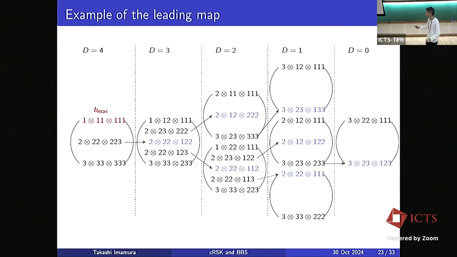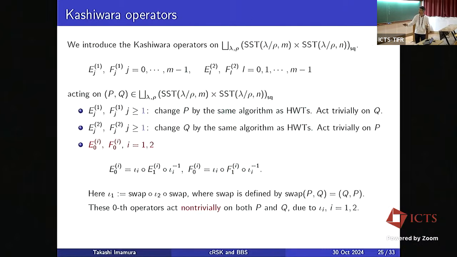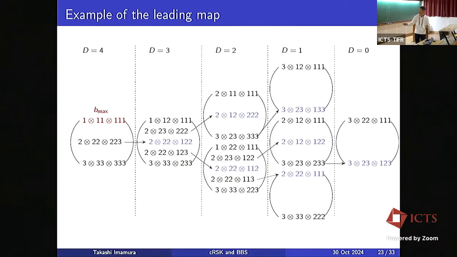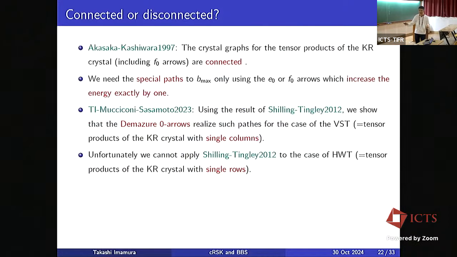Usually, but the point is that we only consider the E0 or F0 which increases the energy exactly by 1. So for our purpose, we need this type of arrow. Do we have any choice of E0 or F0 in this structure?